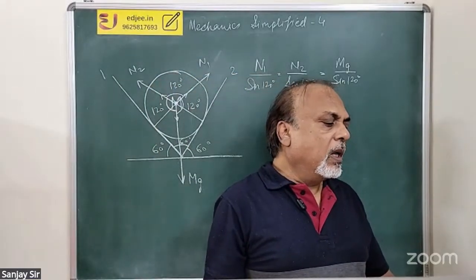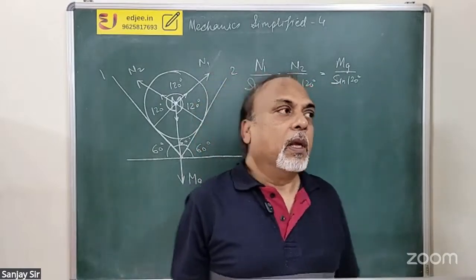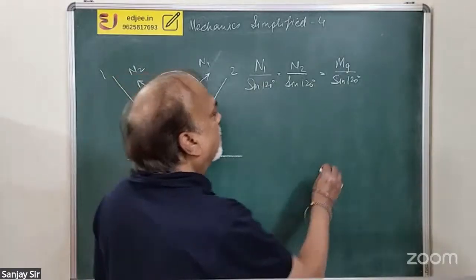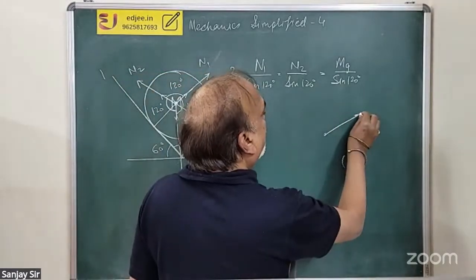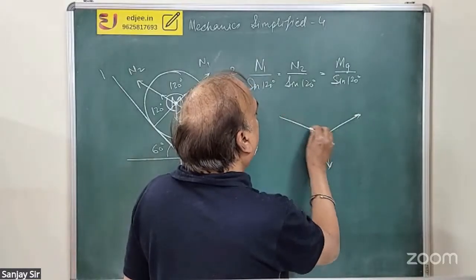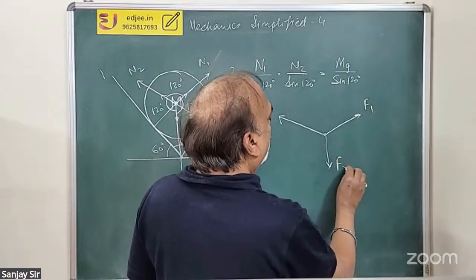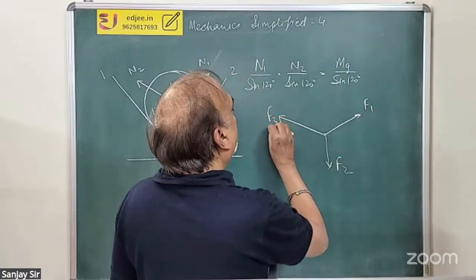This is your Lami's theorem. Lami's theorem says, suppose you have three concurrent forces, F1, F2, F3.